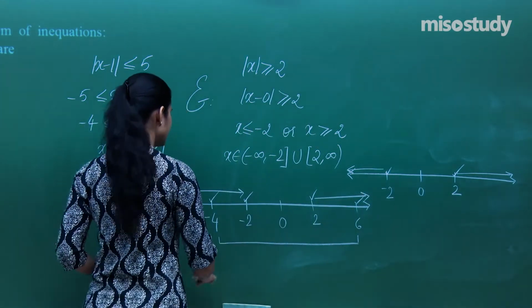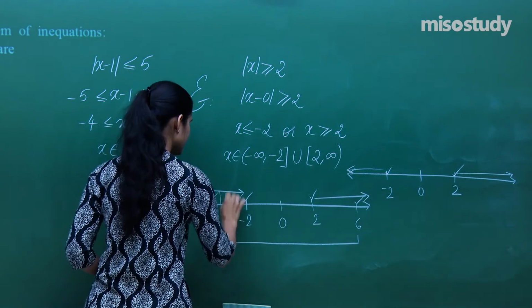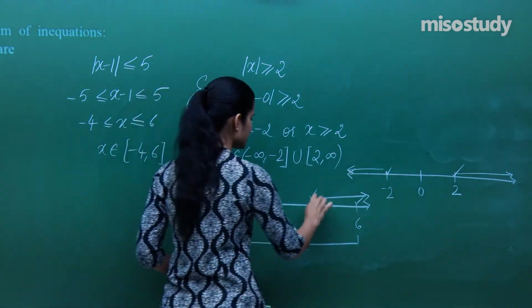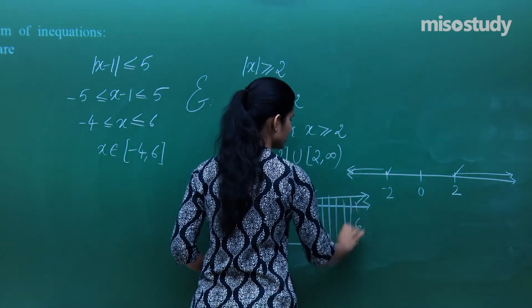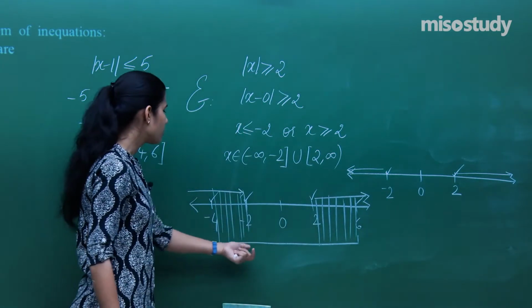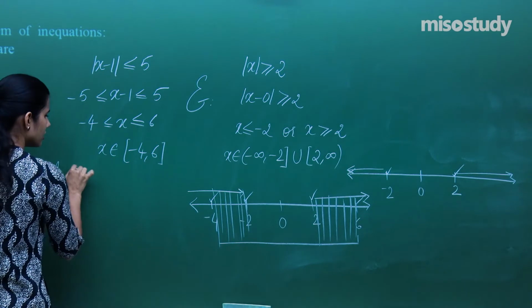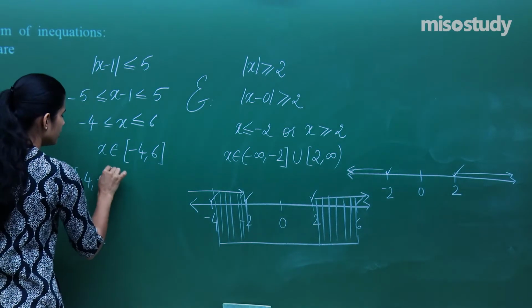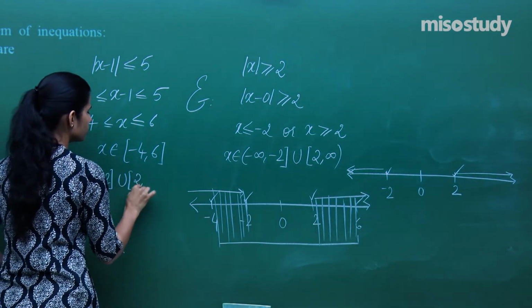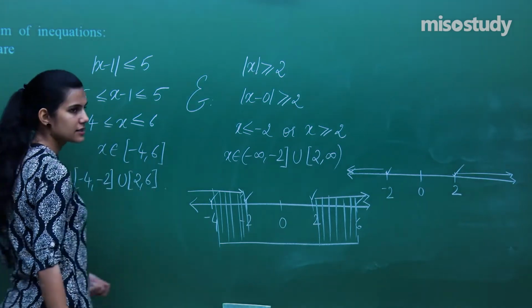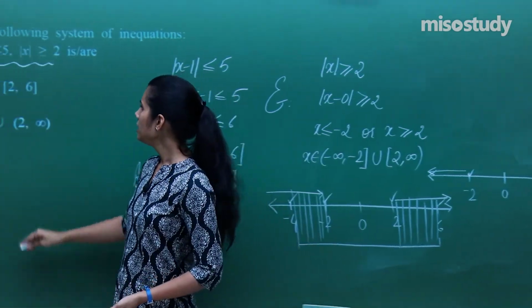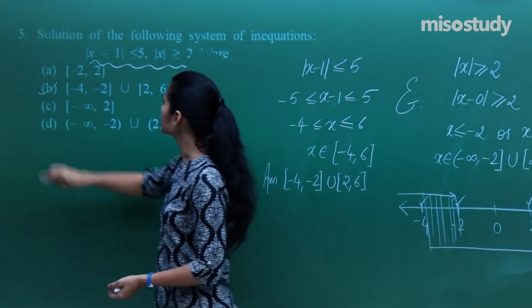So you can very easily see this happens to be the intersection, this and this. So it is minus 4 to minus 2 union 2 to 6. So the answer is what? Minus 4 to minus 2 union 2 to 6. Clear? Minus 4 to minus 2 union 2 to 6.